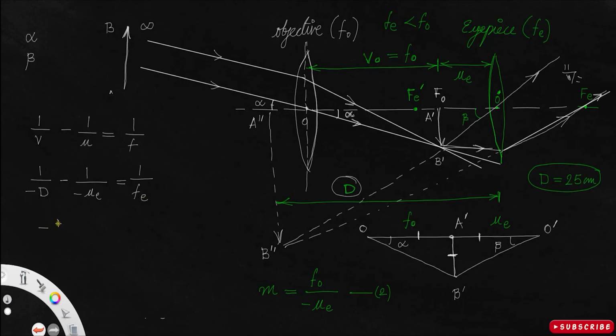So this will be minus 1 by D, and this becomes plus, so 1 by UE equal to 1 by FE.